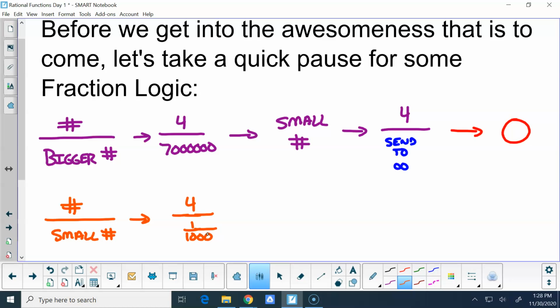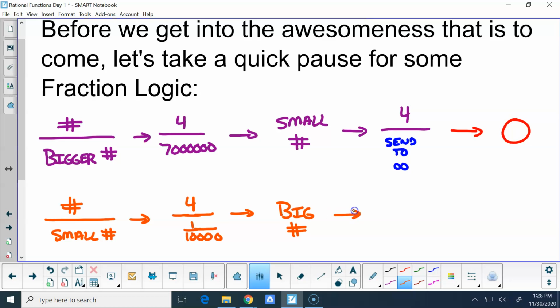And so on and so forth. See where this is going? What's happening to this number? It gets huge, right? The denominator is getting smaller and smaller, but the actual value of that fraction is getting ginormous. It's getting to be a big number.